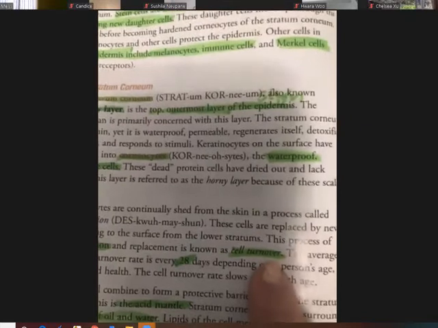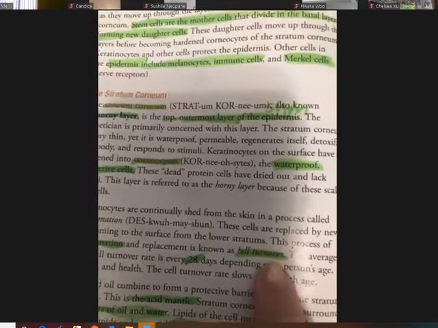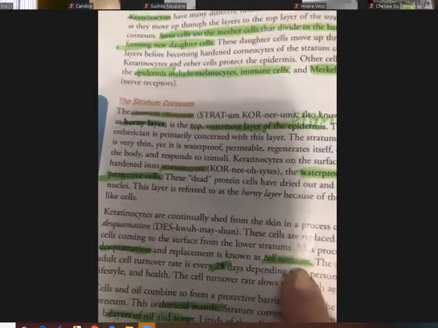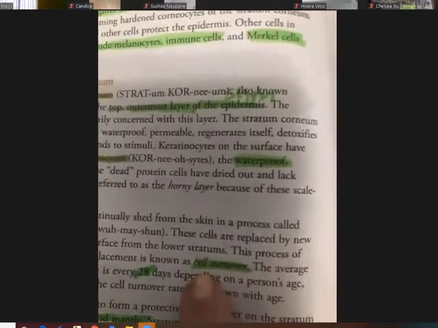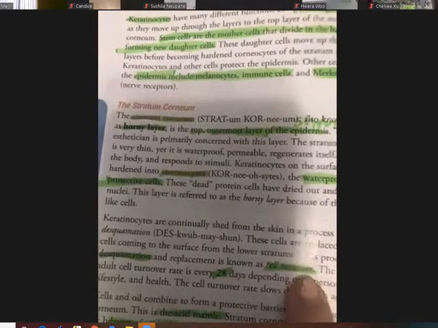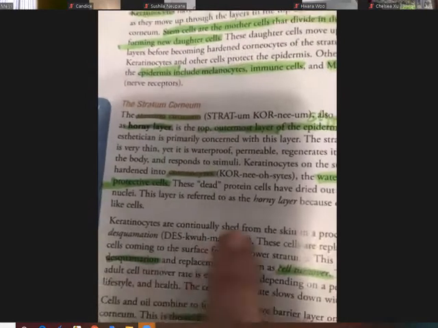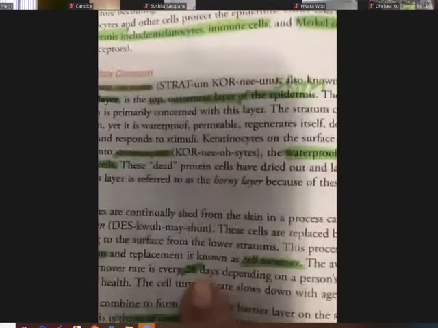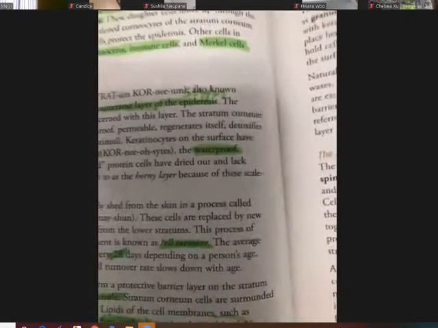当新的皮肤取代旧的皮肤，这个叫做 cell turnover. So when the new skin takes over the old skin because the old skin falls off, this is called cell turnover. The average adult cell turnover is 28 days, depending on the person's age. Cell turnover slows down with age.